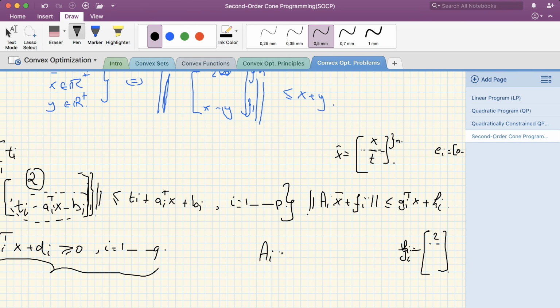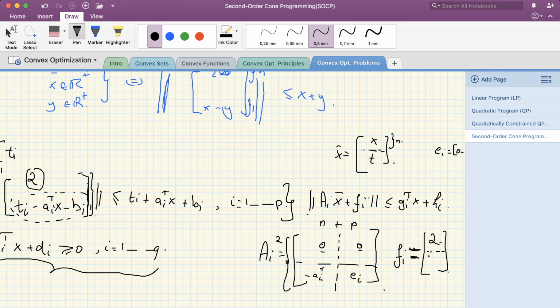So my AI is of size 2 by n plus p. We said here we have zeros, so the zero vector. Right here we have the minus AI transpose, and right here I have an EI, right? And this will force us to pick the second entry of Fi to be minus BI.